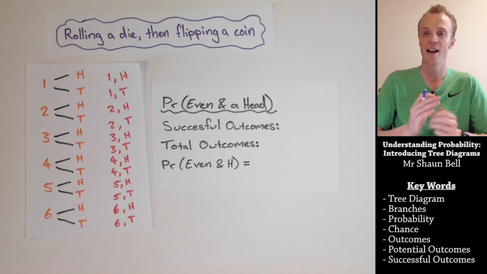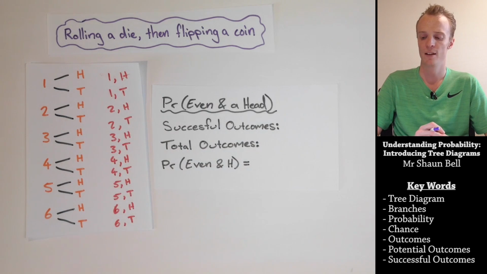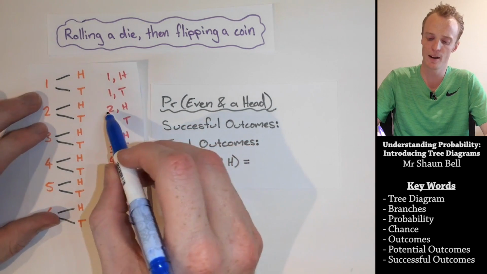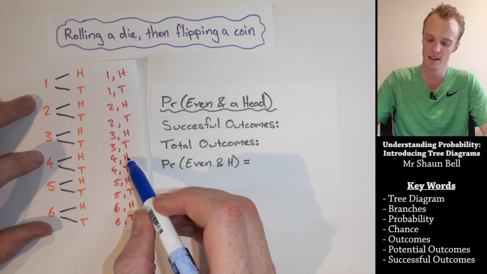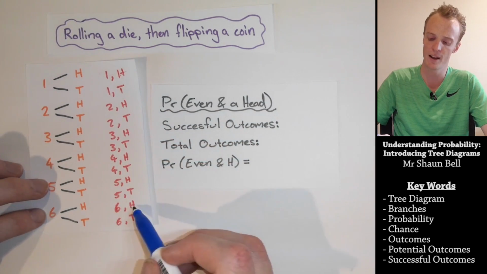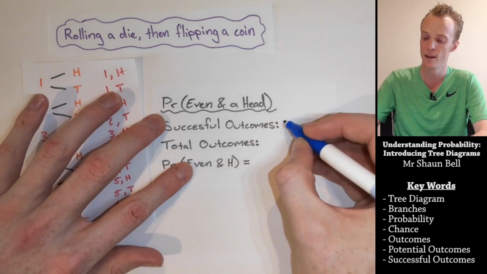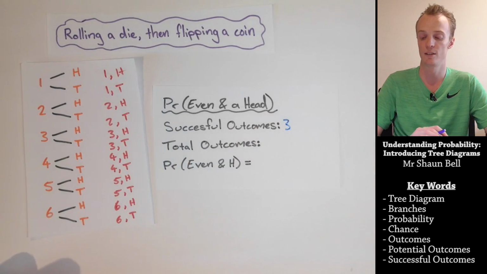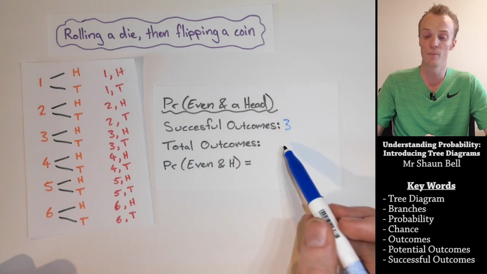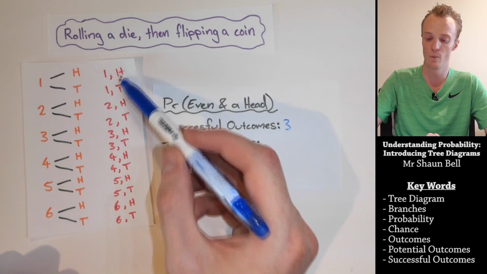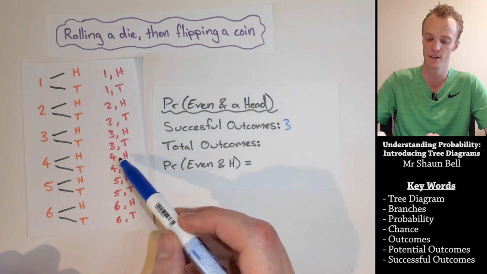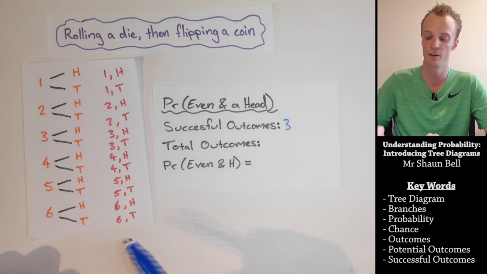So let's bring in our probability question now, where I want to know what the chances are of rolling an even and getting a head on our coin. Let's begin by counting the successful outcomes, where a successful outcome is an even and a head. There's our first, an even and a head, so that's 2, and then another even and a head, so we've got 3 successful outcomes. The total number of outcomes is the total potential outcomes we've got here: 1, 2, 3, 4, 5, 6, 7, 8, 9, 10, 11, 12.